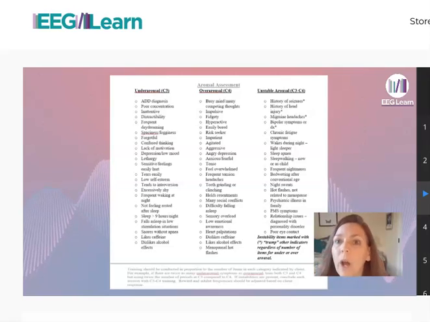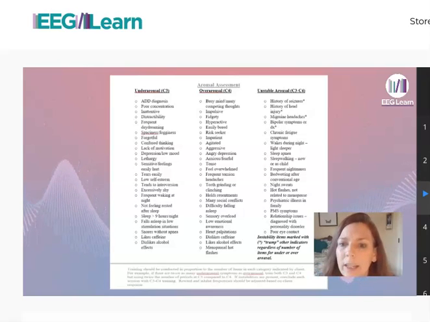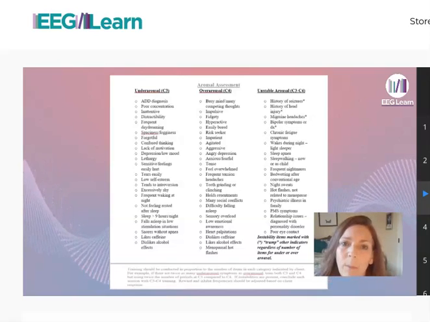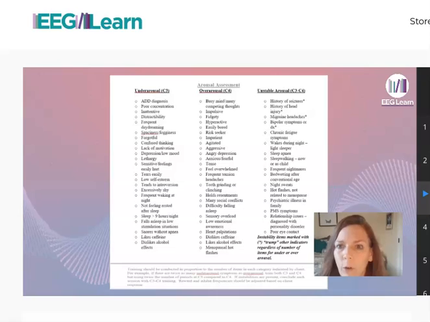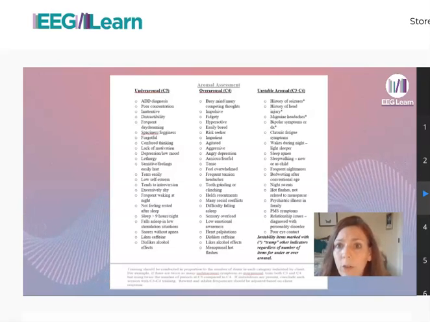But let's say they do not have any of the big 4 starred items, and they only have like one of the unstarred items on the unstable arousal, I'm probably going to be more interested in what they're telling me in terms of under and over arousal. But I'll definitely, no matter what, file that information away.